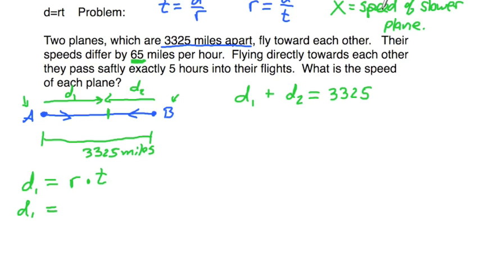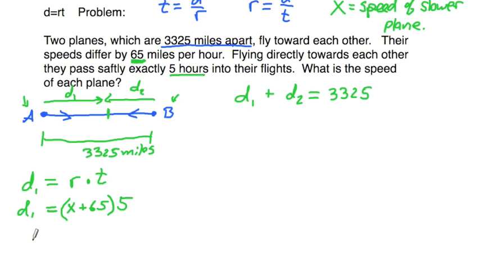Therefore, the speed of the slower plane plus 65 miles per hour. So it's going 65 miles per hour faster. So rate for this guy is going to be x plus 65. Now the time, t, is in hours, and we know exactly what the time is. It's 5 hours into their flight. So this is going to be 5.